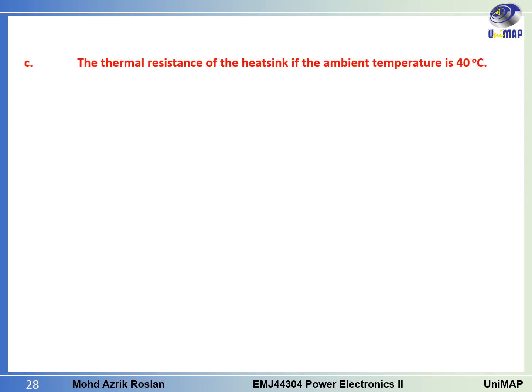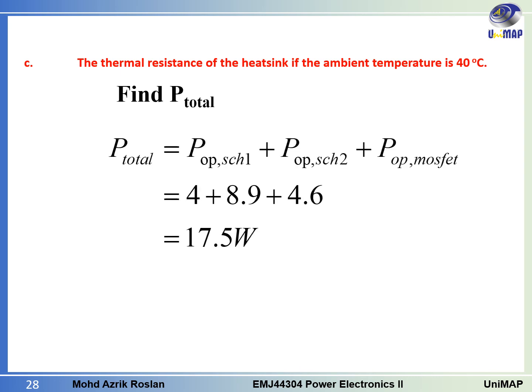And finally, we want to determine the thermal resistance. This should be easy because you already found the power dissipation for all three components. You just add them together. The total power is 17.5.